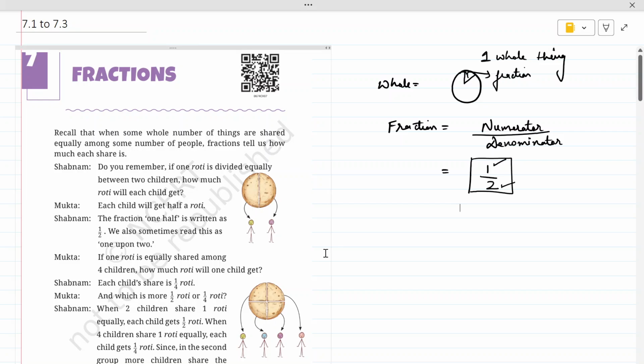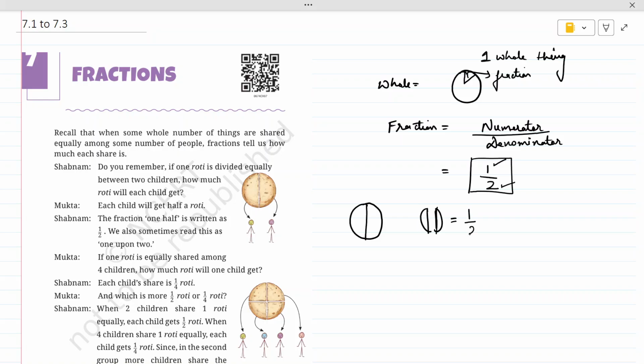First, here we are given an example of one roti. This is one complete roti, and what we have done is divide this complete roti into two equal halves. When we say two equal halves, that means every part of this roti is equal, and it can be represented by the fraction 1 by 2.